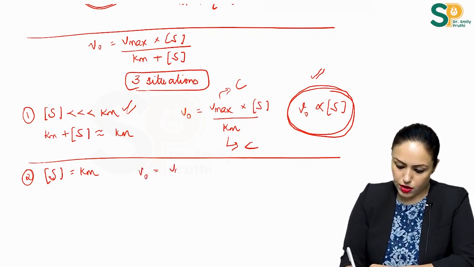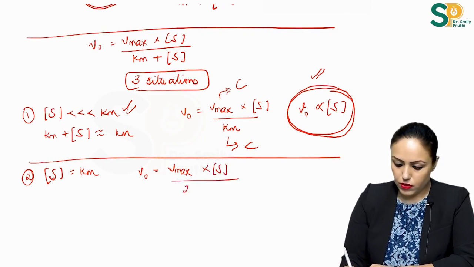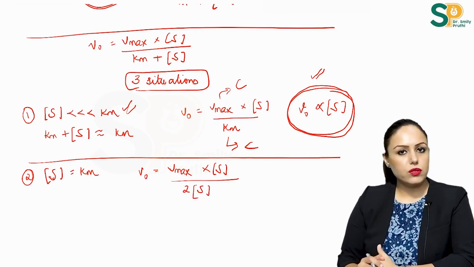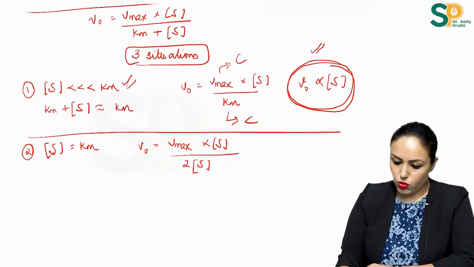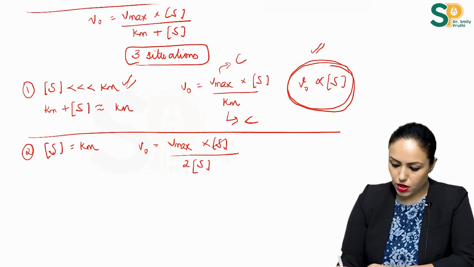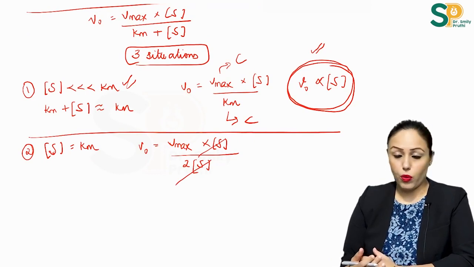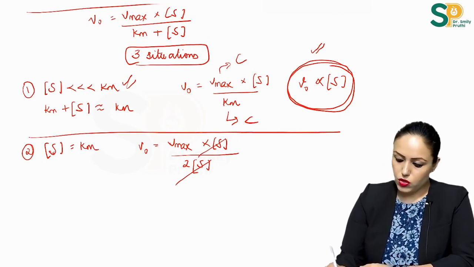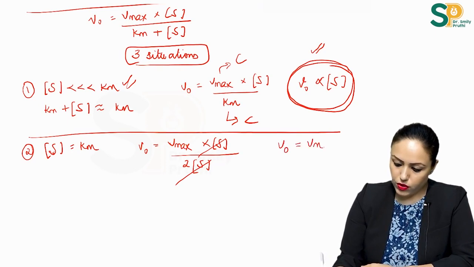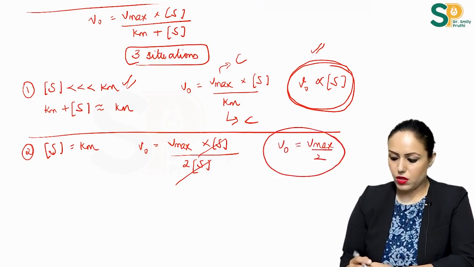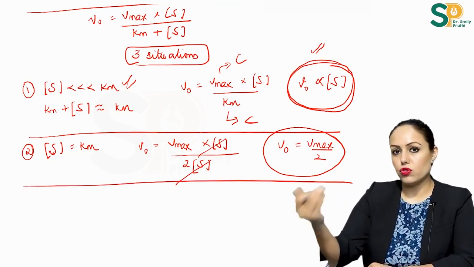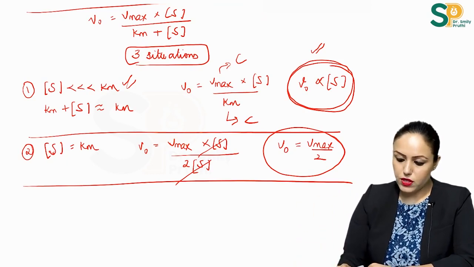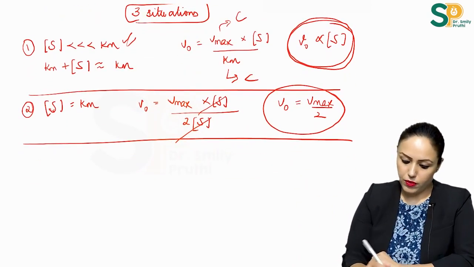Then V naught is equal to Vmax into substrate concentration divided by 2 times substrate concentration, as substrate concentration is equal to Km here. So you can cancel substrate concentration in the numerator and denominator. So at this point, V naught is equal to Vmax by 2. I have told you that when substrate concentration is equal to Km, velocity is half of Vmax, right?